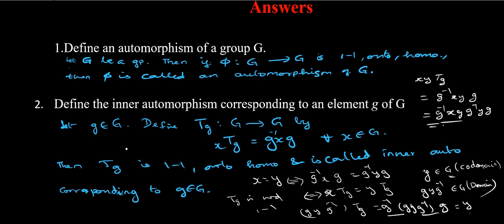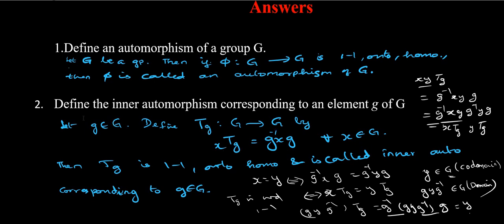This one is nothing but the image of x under Tg. This one will be the image of y under Tg. So we have this Tg to be a homomorphism also. So this is our inner automorphism, this Tg, which is defined in this way.